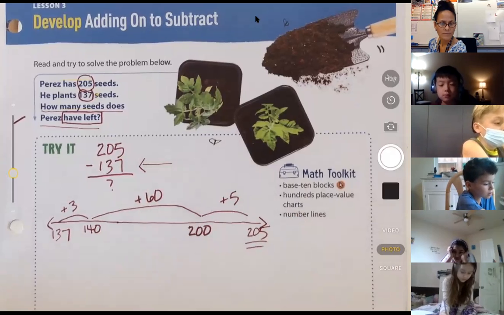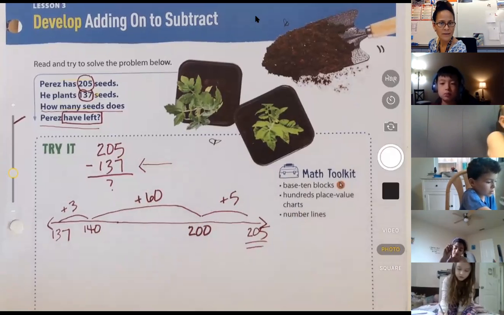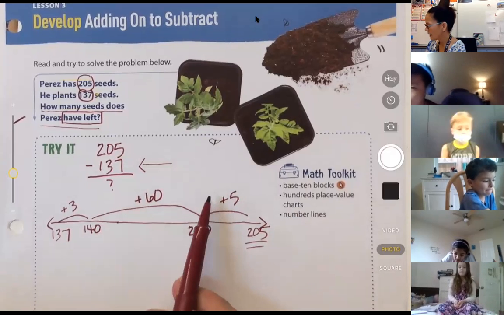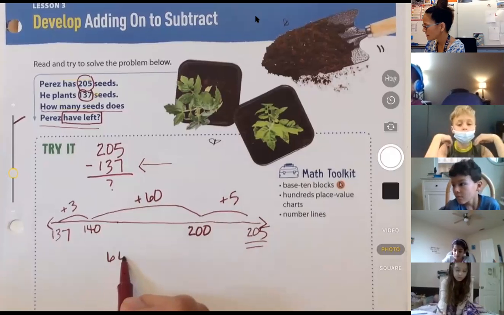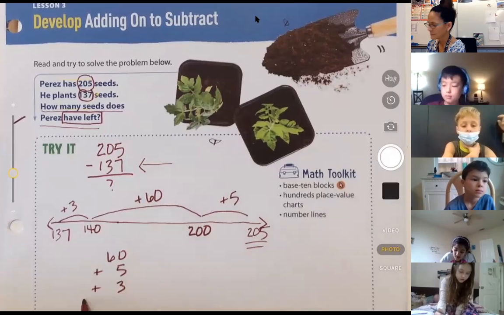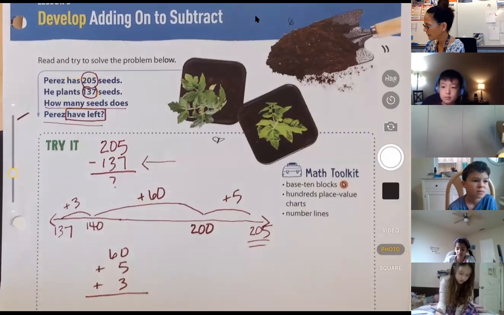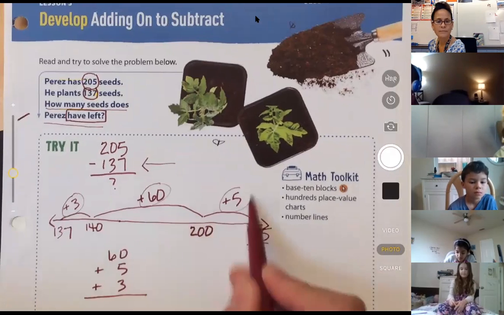So, in figuring out this difference, 205 minus 137, I simply add my jumps. So I'm going to have 60 plus 5 plus 3. Where is that coming from? Here, here, and here.